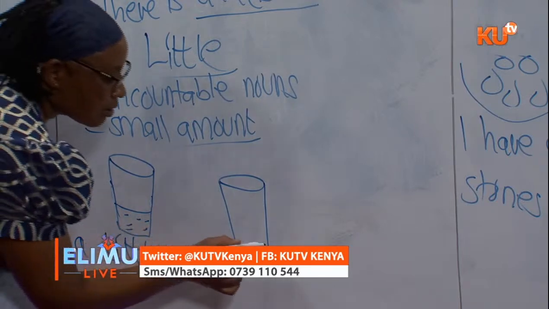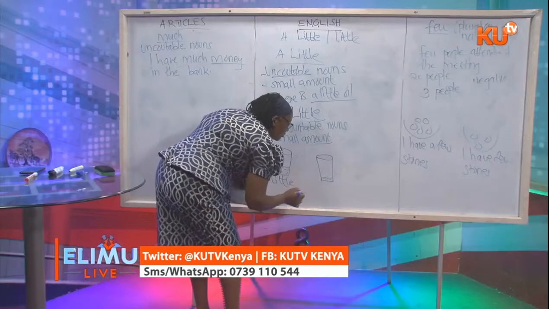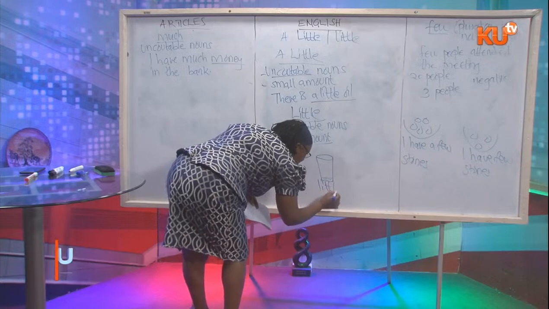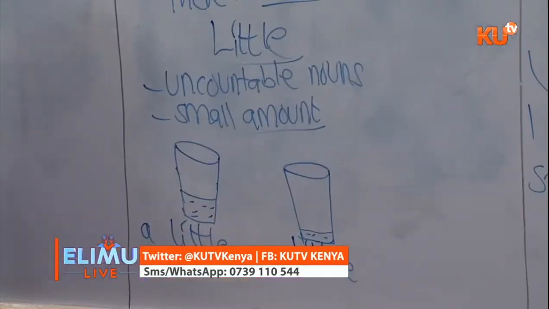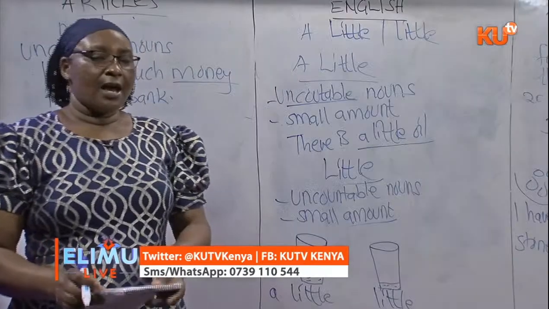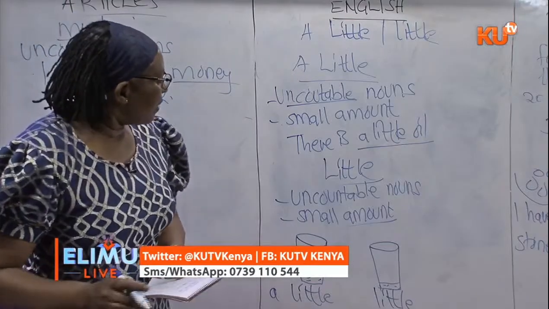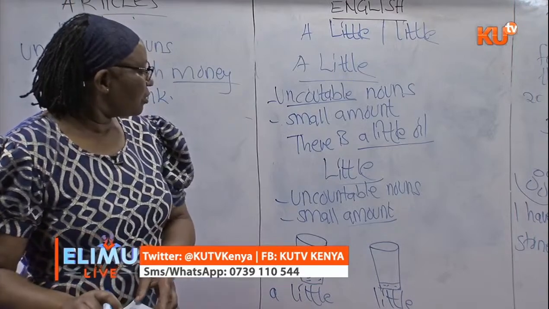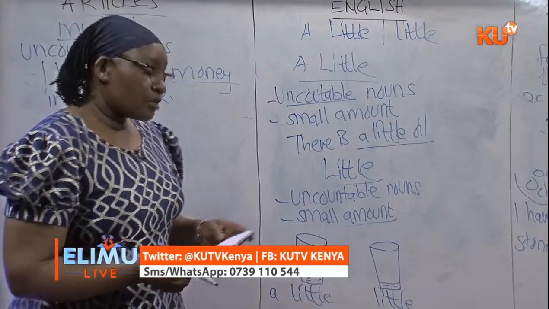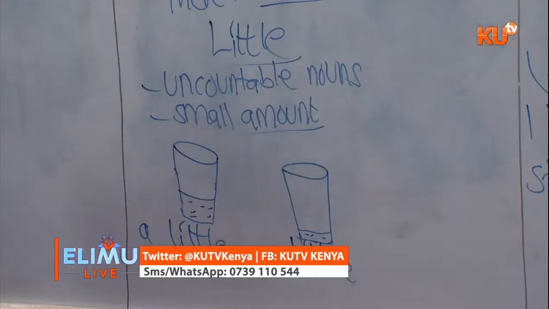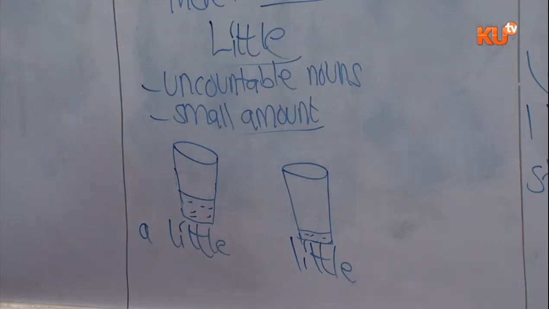And in this case, you say, I have little water. So we have seen that the words little and a little are used with small amounts of uncountable nouns.